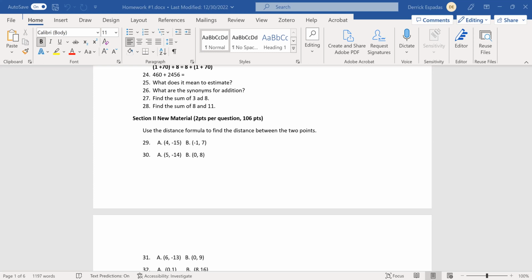All right. 2 is our x1, our y1 is 3. Our x2 is 0. And our y2 is 8.